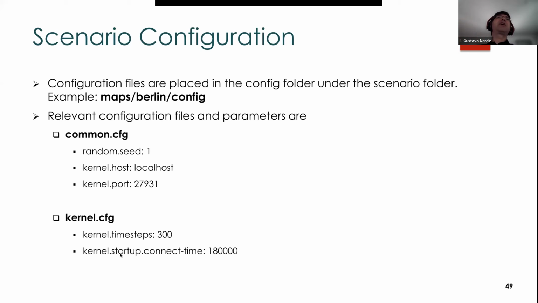You can also define how long the simulator will wait for all the agents to connect before it starts automatically. This is defined by kernel.startup.connect-time, 180,000, which means it will wait for 5 minutes for all the agents to connect before it starts the simulation automatically.